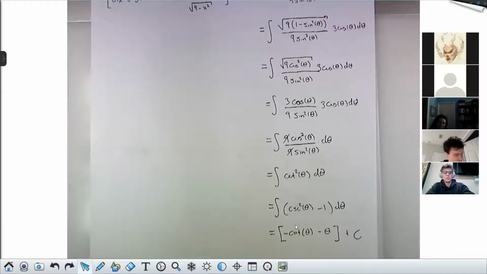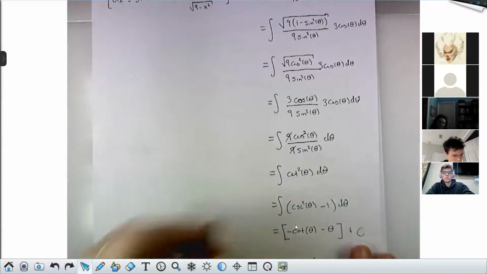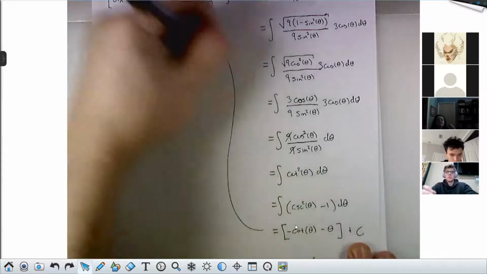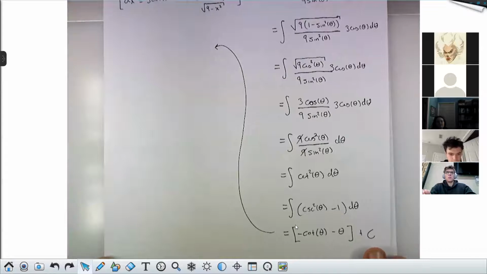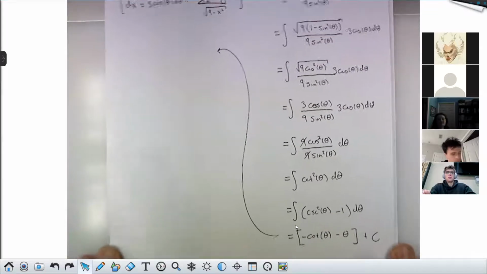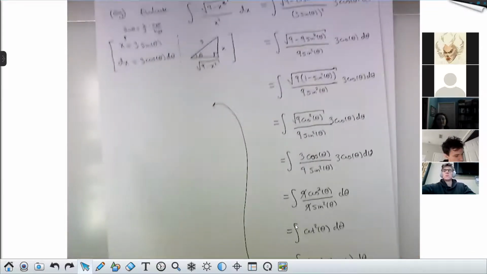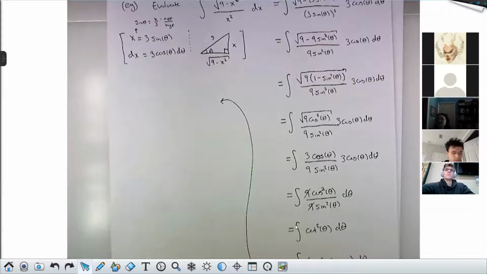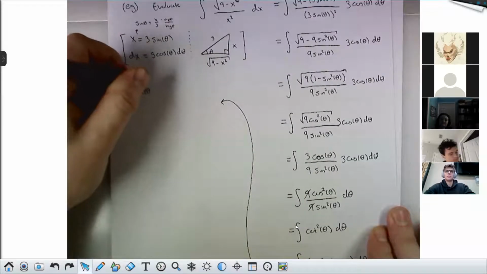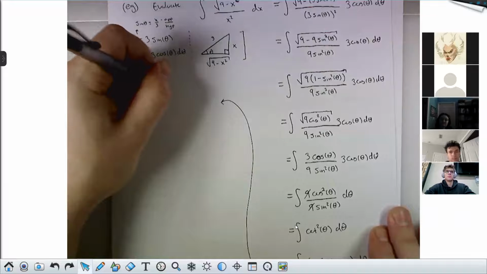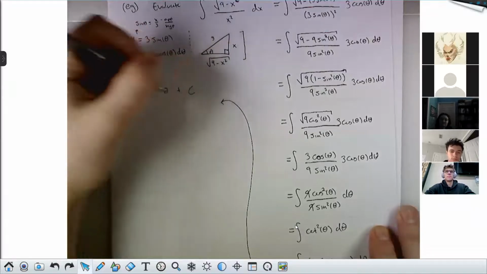I know it's kind of jarring to go right to left, but if you'll forgive the abuse of conventions, I'll come over here so I don't have to waste all this paper. Because it also puts me right under my triangle, which is the tool we need to go back. So I'm going to write this down. We've got negative cotangent theta minus theta plus c.